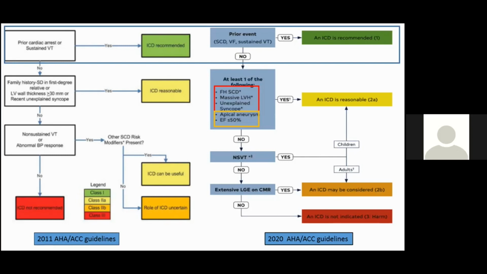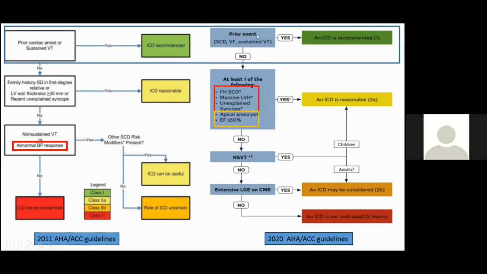An important modification to mention is that abnormal blood pressure response was omitted from the latest American guidelines on sudden cardiac death assessment and prevention. Now let's assess the sudden cardiac death risk for our patient according to the American guidelines.